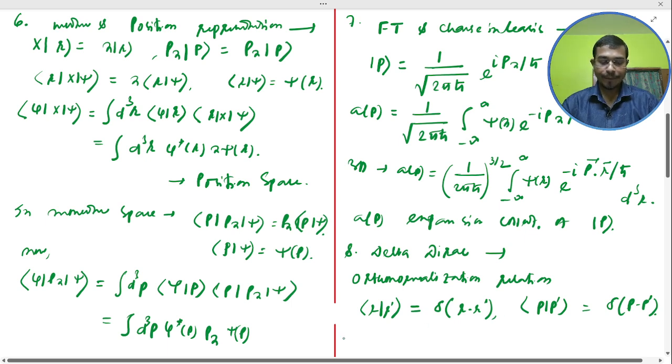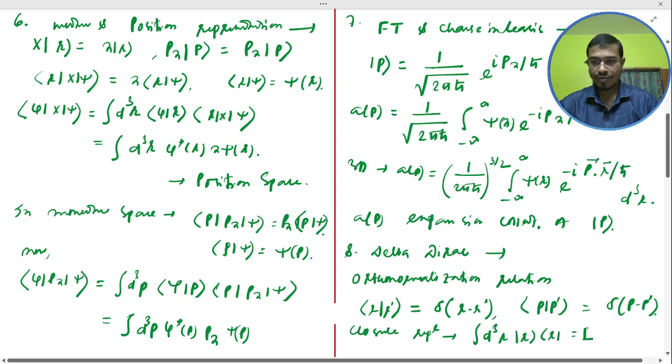And next one is very important, the closure property or closure relation, that is the integral d³r |r⟩⟨r| is equal to identity.